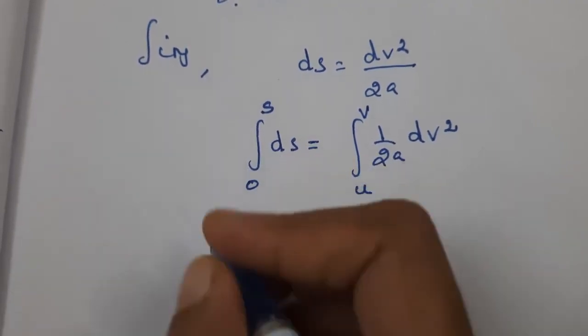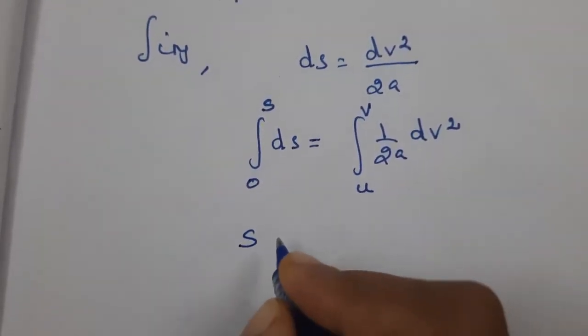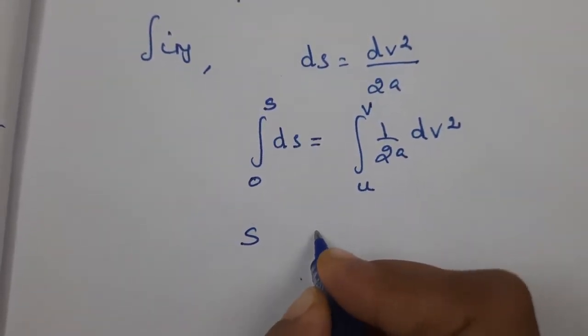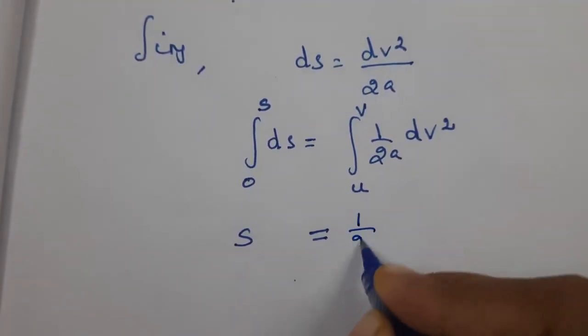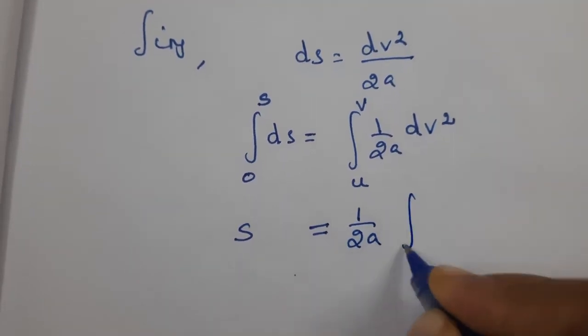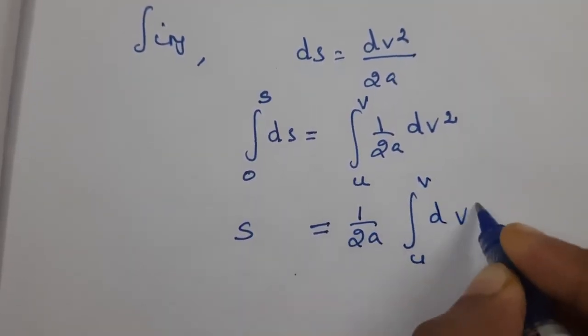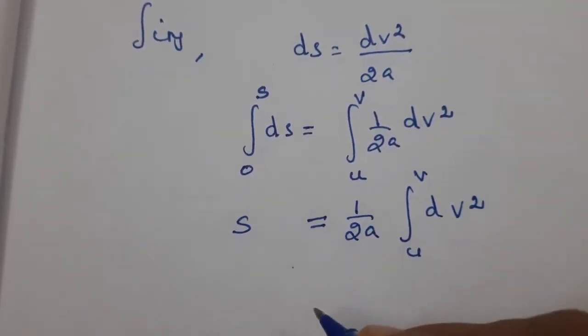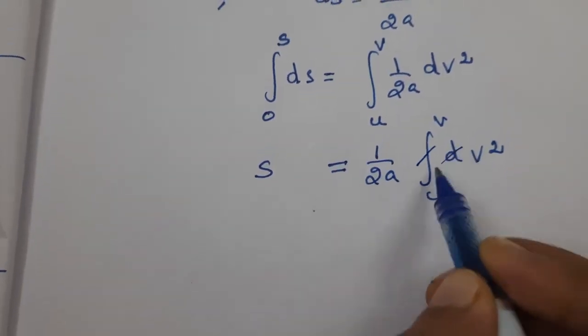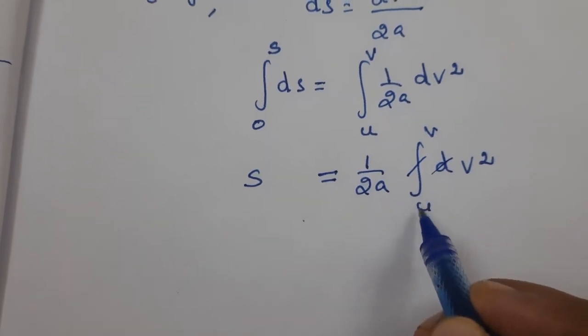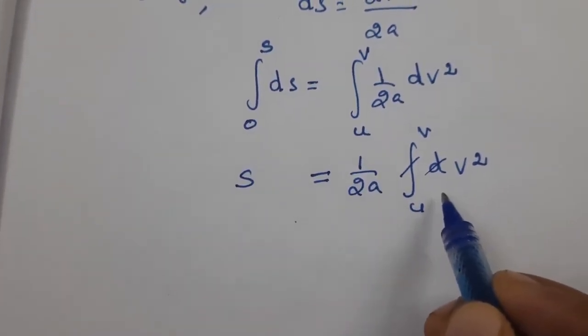Integration of ds is s minus 0, so s is equal to 1 by 2a, constant taken outside, integral u to v dv square. Here integration and differentiation get cancelled, since integration is the reverse process of differentiation.